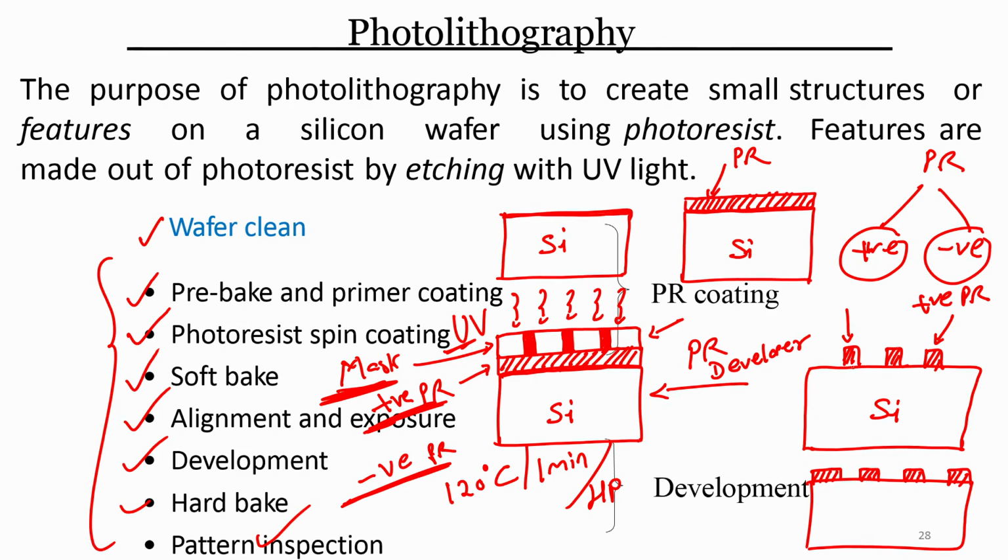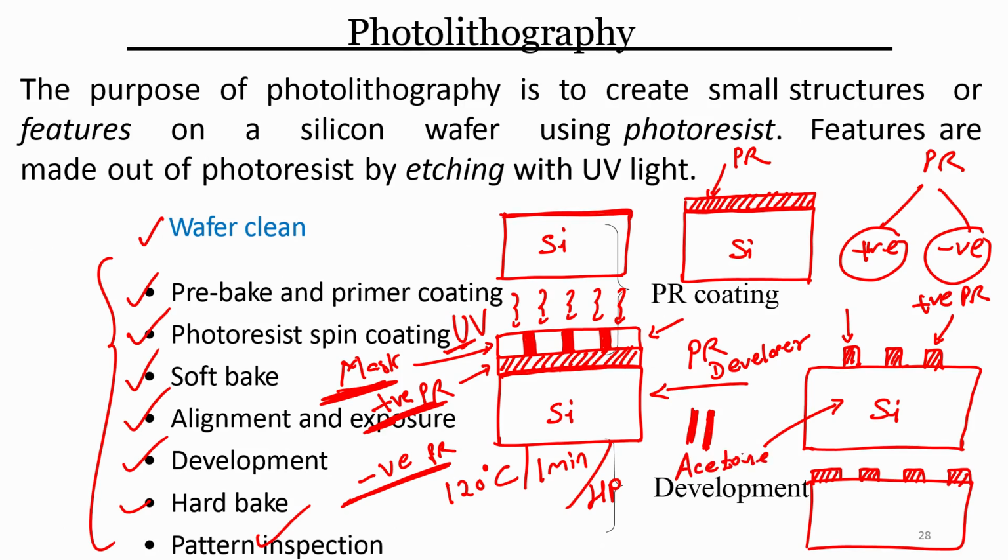Pattern inspection is to look at whether the patterns are correctly patterned on the wafers or not. What does that mean? If I have a width of 10 microns and spacing between two lines is also 10 microns, is it 10 microns, is it more, is it less? That depends on the exposure time and developer time. If the patterns are not correct, what we can do is dip this wafer in acetone.